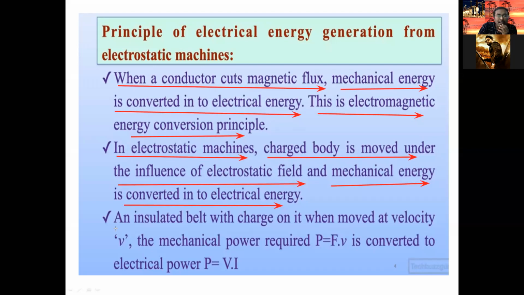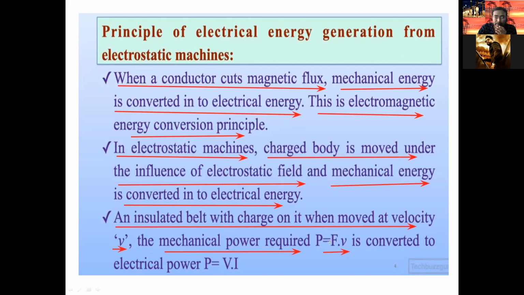Next, an insulated belt with a charge on it, when moved at a velocity V, the mechanical power required is equal to F into V. F is called the force required to move the belt, the force required to rotate the belt, and V is called the velocity of the belt.